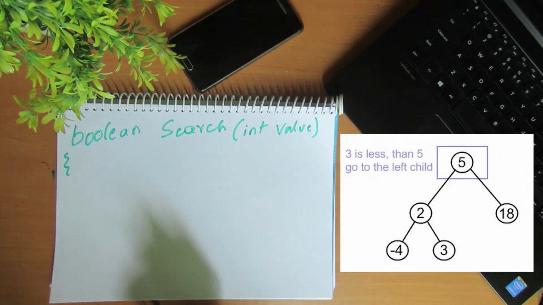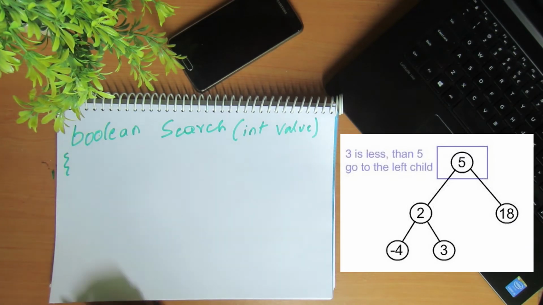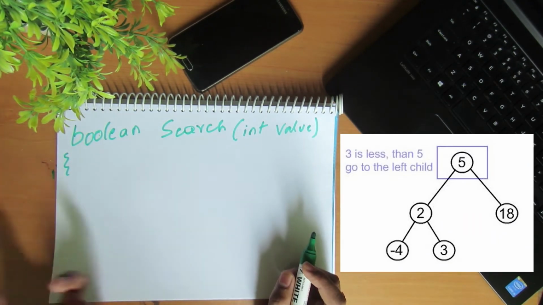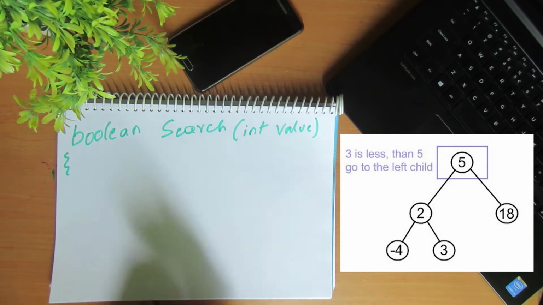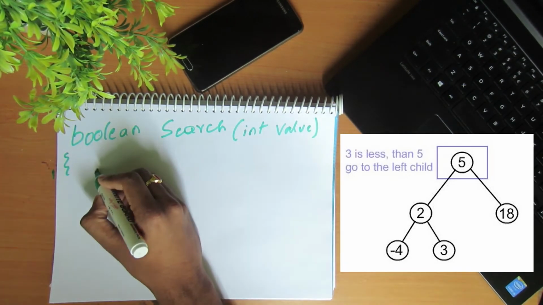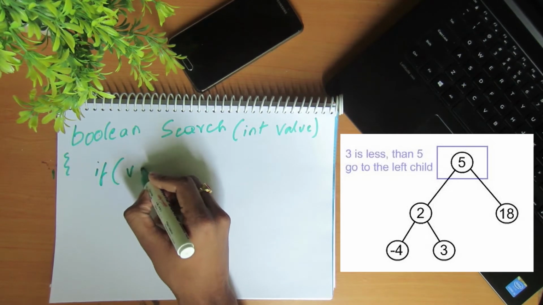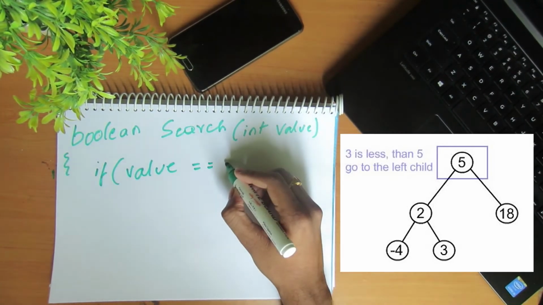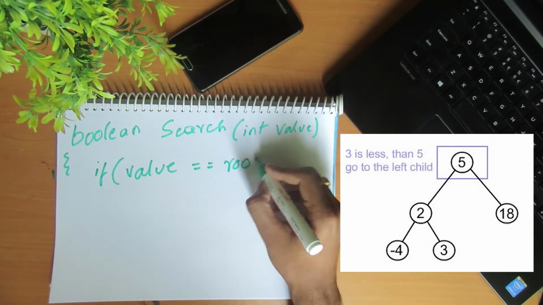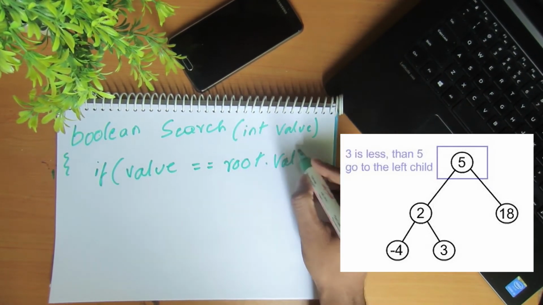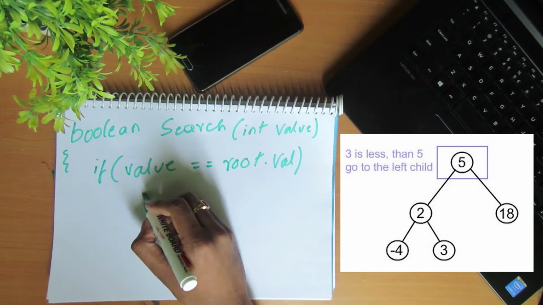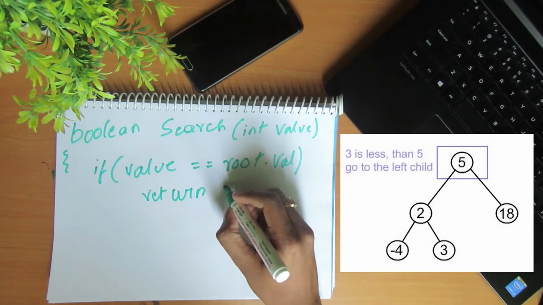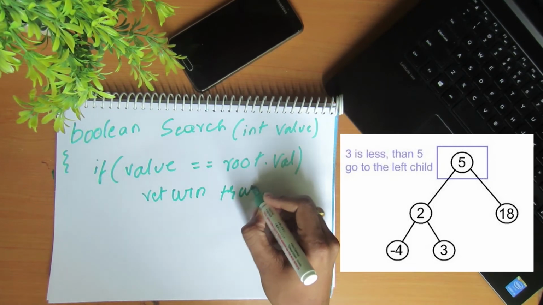As we have seen in the previous example, first the algorithm starts from the root of the tree. So we have to check from the root of the tree itself if the key value is equal to root dot value, then we have to return true. This is the best case scenario where the root itself is the value.